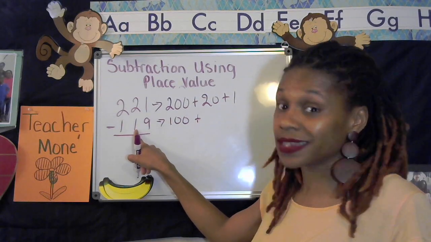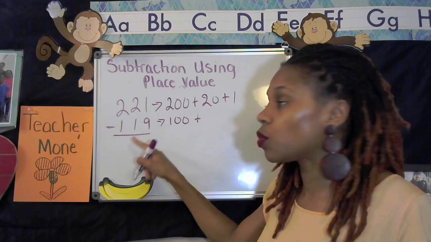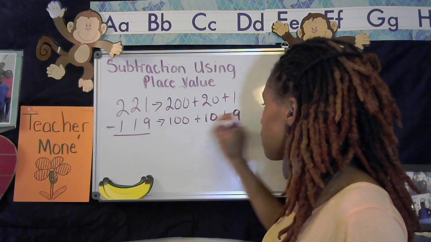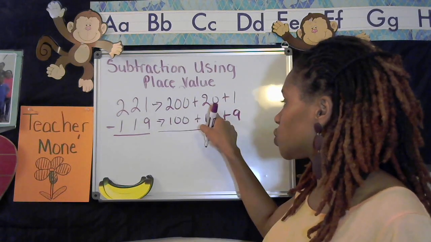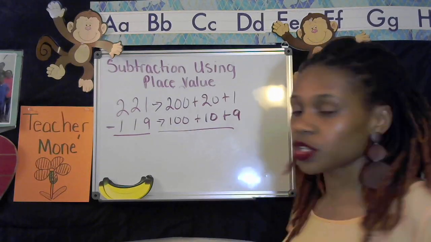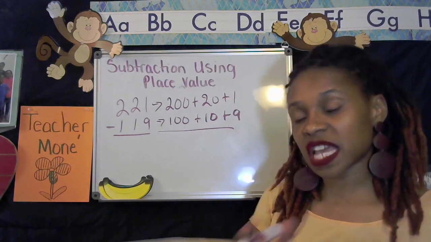This 1 is a 10. Okay, some kids will get that confused and say it's just 1, but it's not 1. It's a 10 plus 9. Okay, so 221, 119.